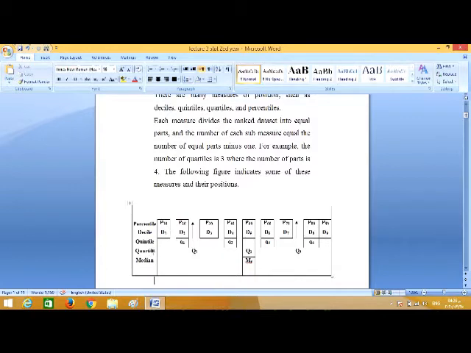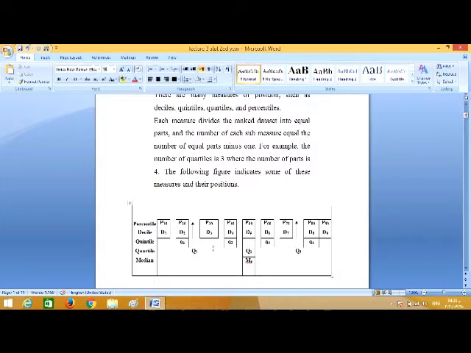The second measure is quartile. You know that the first quartile divides the data set into two parts. Okay, one part, which is less than the first quartile, represents 25% of the data set, and larger than the first quartile, we have 75%.